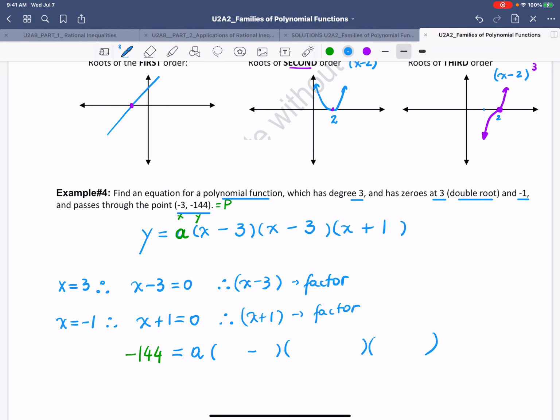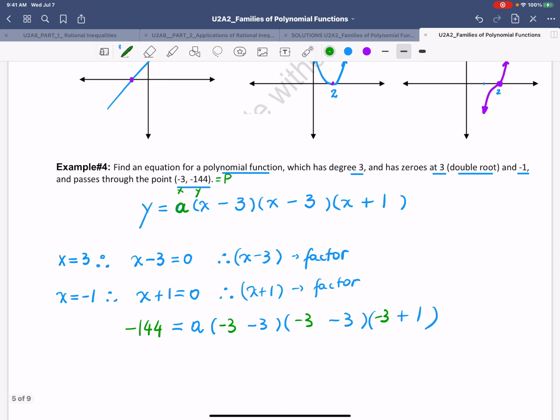So I'm going to write the factors in here as they appear. And then negative 3 will go in place of x. Now, as you can see here, the only missing number here would be a, right? The coefficient that we're looking for. So that means that we're getting close to solving it.